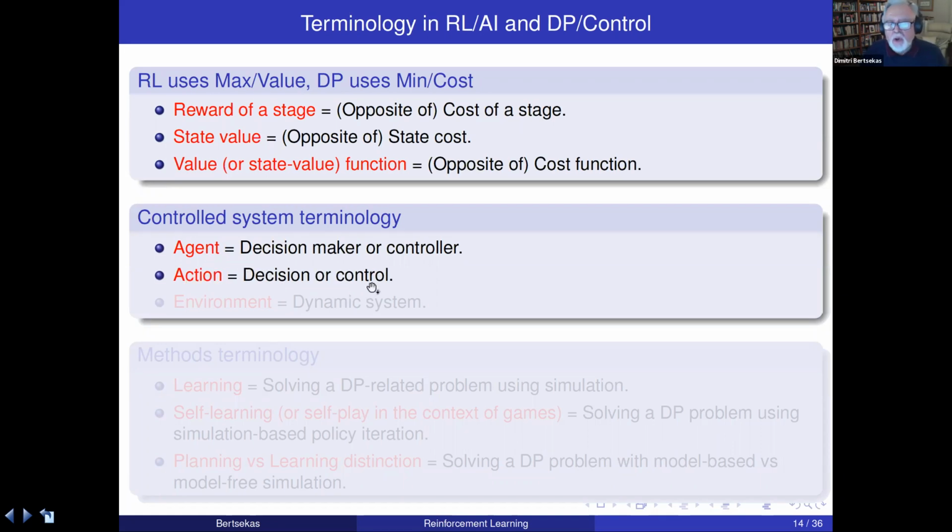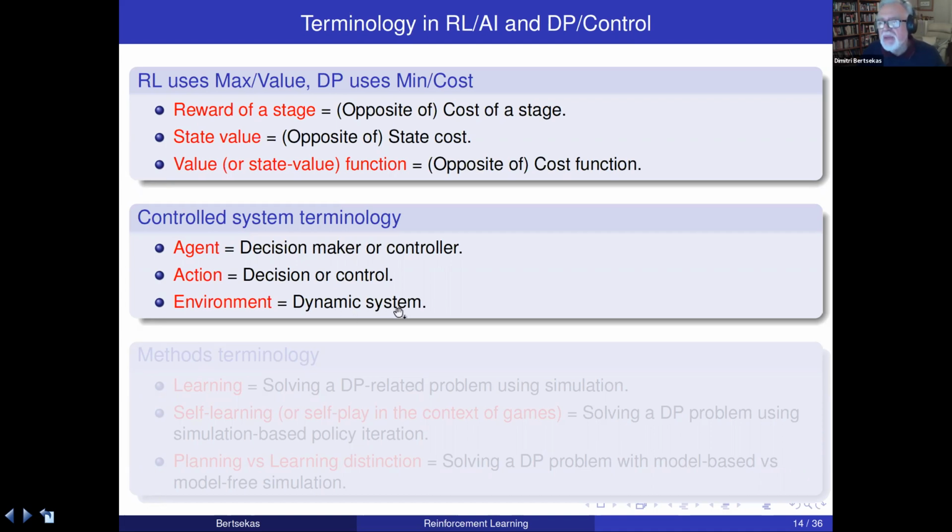Moreover, the decision variables that we use in dynamic programming and control are called actions. So in dynamic programming, we select decisions. In control theory, we select controls. But in reinforcement learning, we select actions. Decision and control is couched in the language of dynamic systems, differential equations, and difference equations whose state is influenced by control.